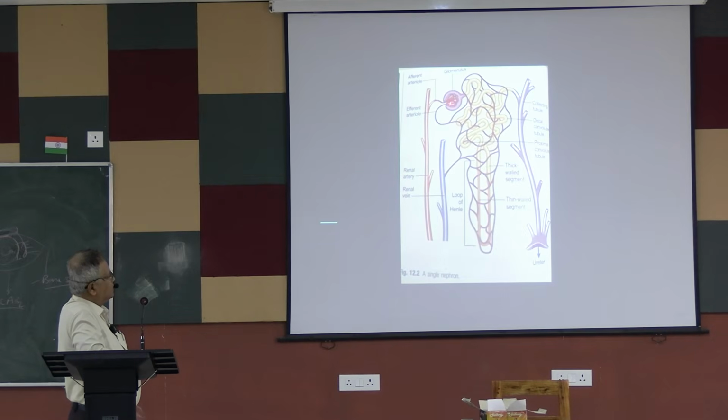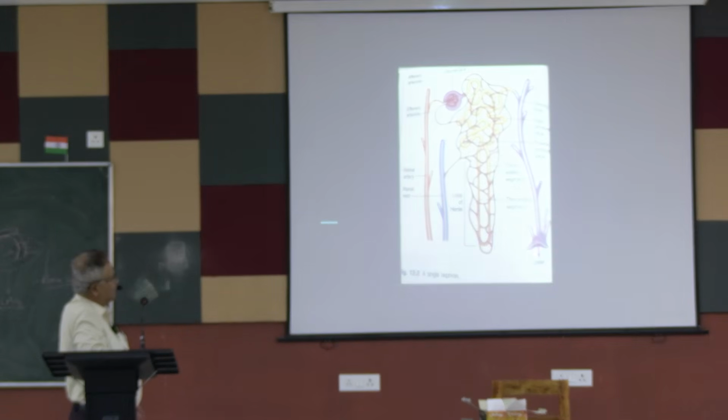Of the nephron, this is the Bowman's capsule, taking within it the glomerulus, then the proximal convoluted tubule, the loop of Henle, the distal convoluted tubule, the collecting tubule, which finally drains into the ureter via the pelvis.